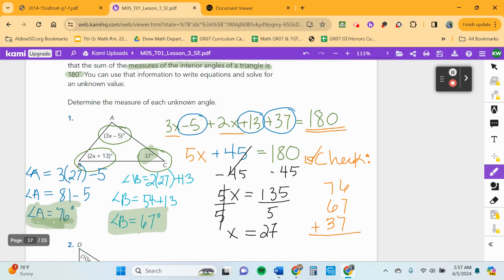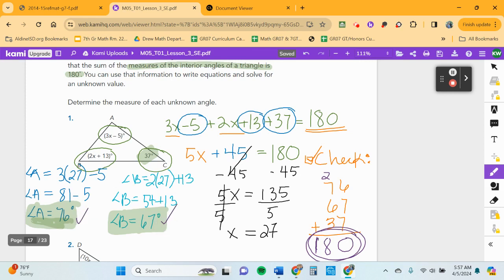So let's add: 7 and 7 is 14, plus 6 gives us 20. 7, 8, 9, 10, 11, 12, plus 6 more gives us 180. And there we have it, 180. So I know that my answers are correct.